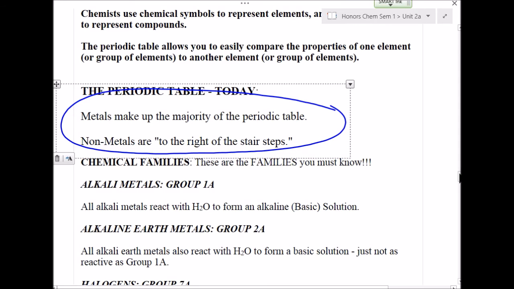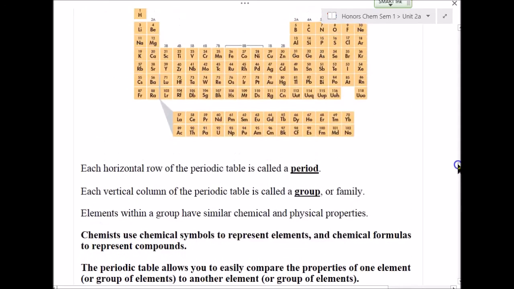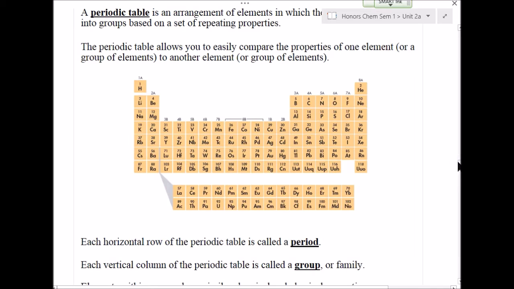That stair step goes like this. It starts between boron and aluminum and then cascades down. Now, these elements here are considered metalloids. We don't really talk a whole lot about metalloids in here. It's more about the metals and nonmetals.